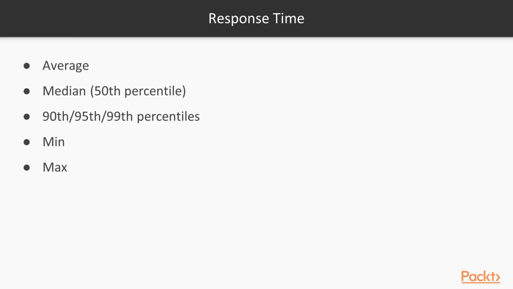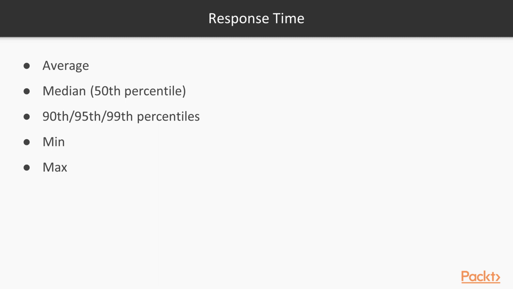If we talk about percentiles, what is this? Imagine that you get 100 response times, 100 results. You sort them, for example descending, and the 90th percentile is just the 90th sample in your sorted list.